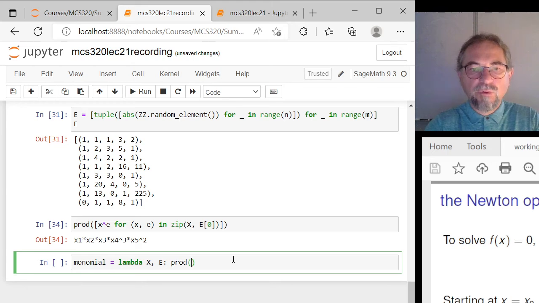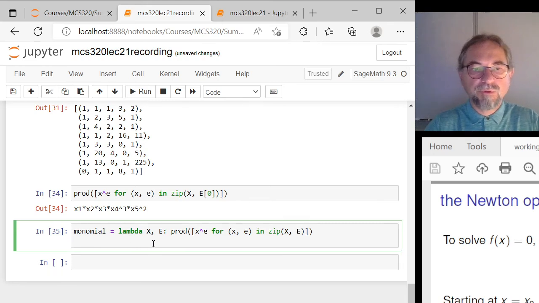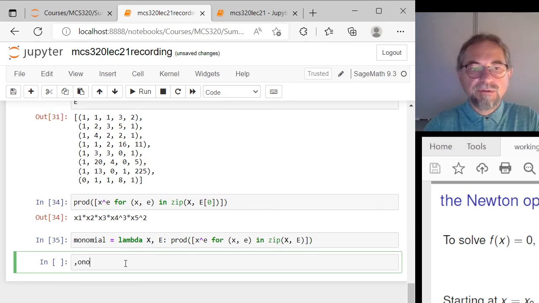So there are the formal names. Note that the product works on a list. So the monomial worked. So I will test this out: monomial on x and e naught.